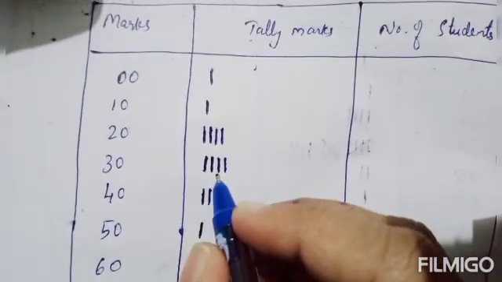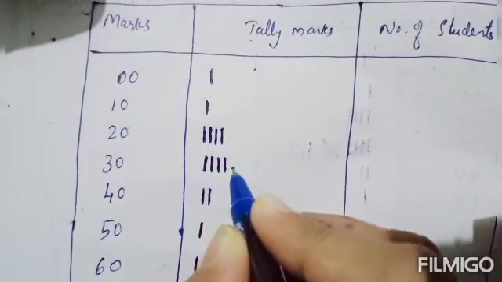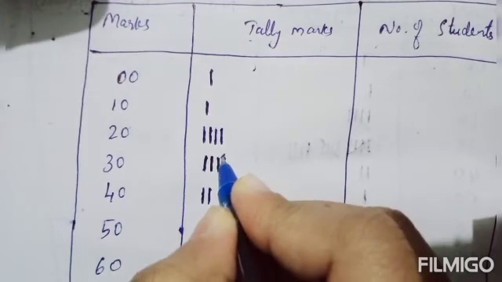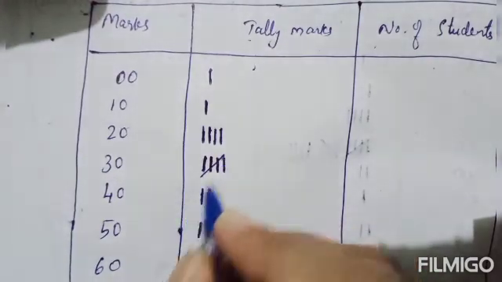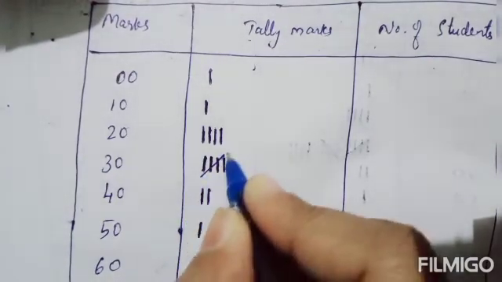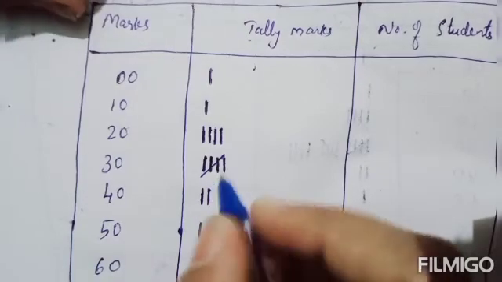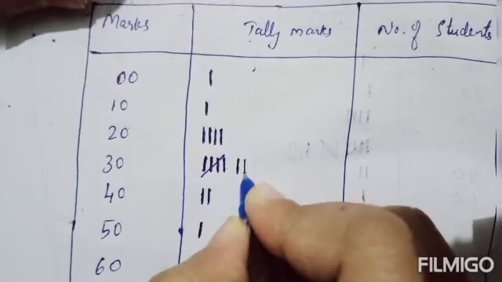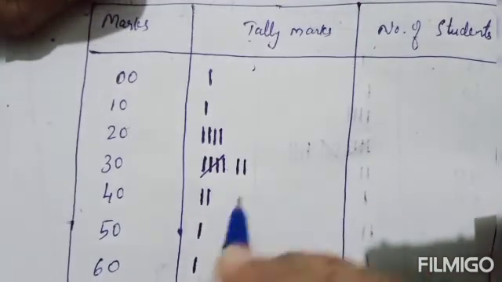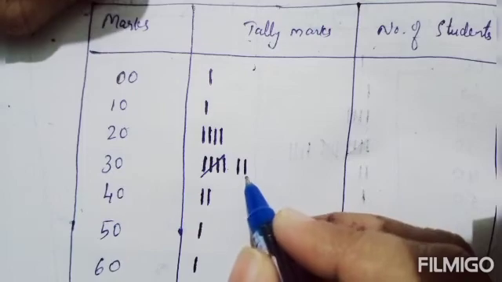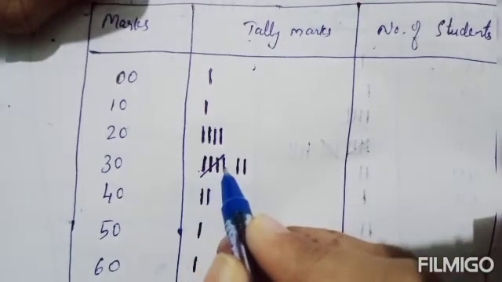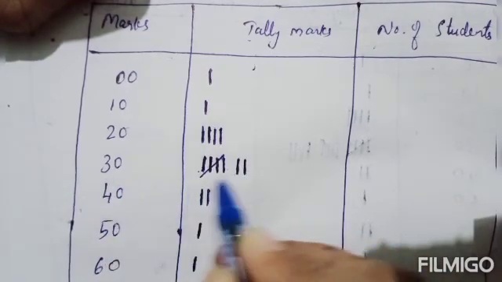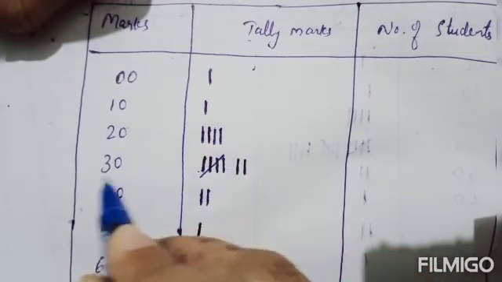So listen, here 4 times 30 came. The fifth time you have to put the bar across, like this, 1, 2, 3, 4, 5. Then the sixth time you start a new group here. Again 30 is coming, so the seventh time you mark 1 more bar. This means 5 plus 2, 7. Total 7 you got for 30 marks.